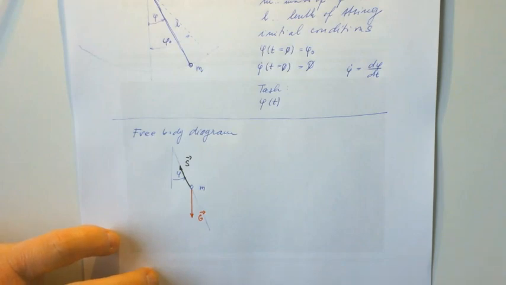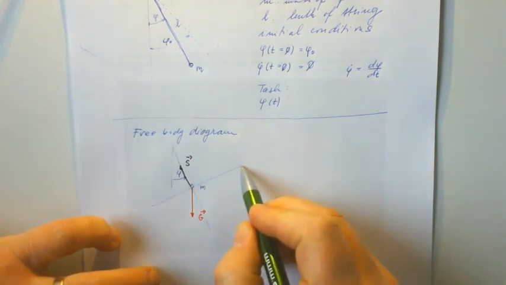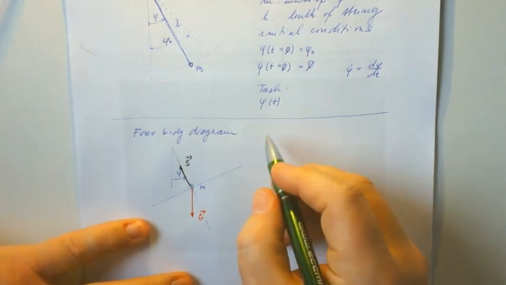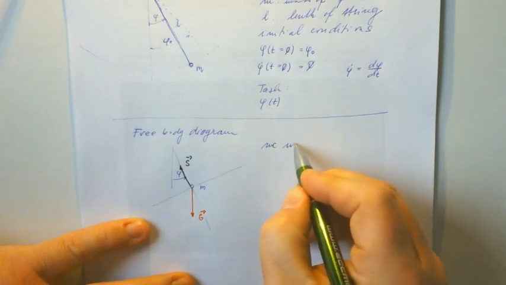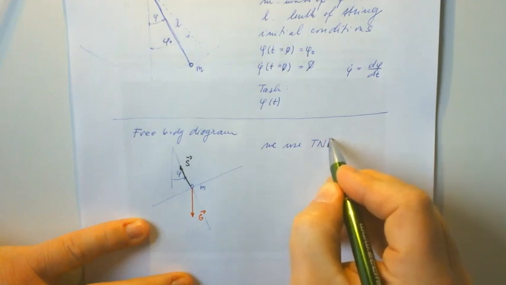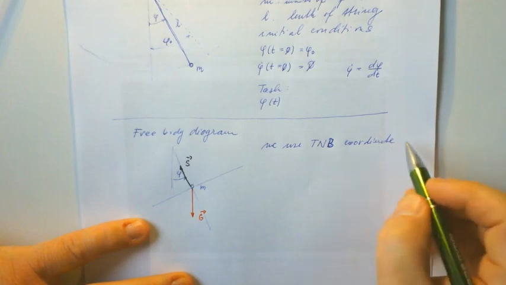Regarding the coordinate system, it's good to solve this motion in T and B coordinate system. So we use T and B coordinate system.